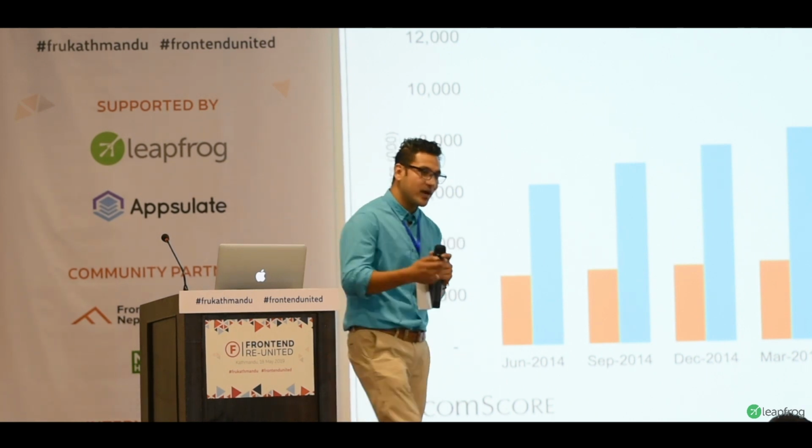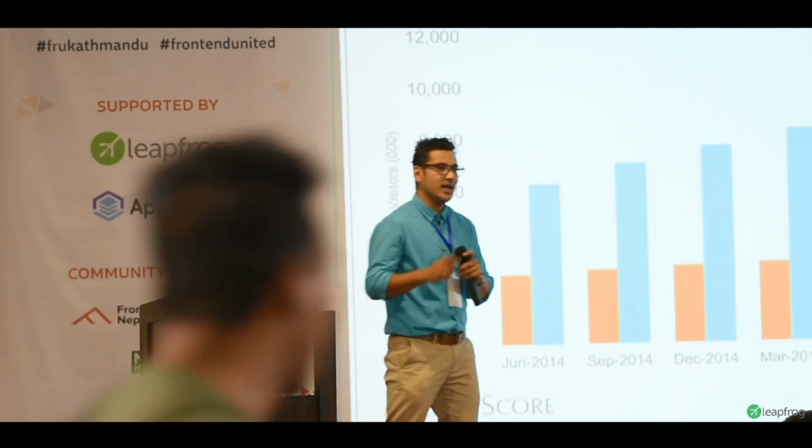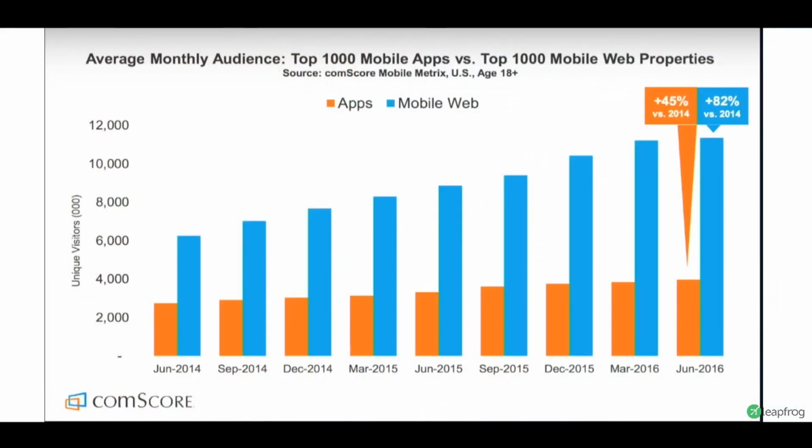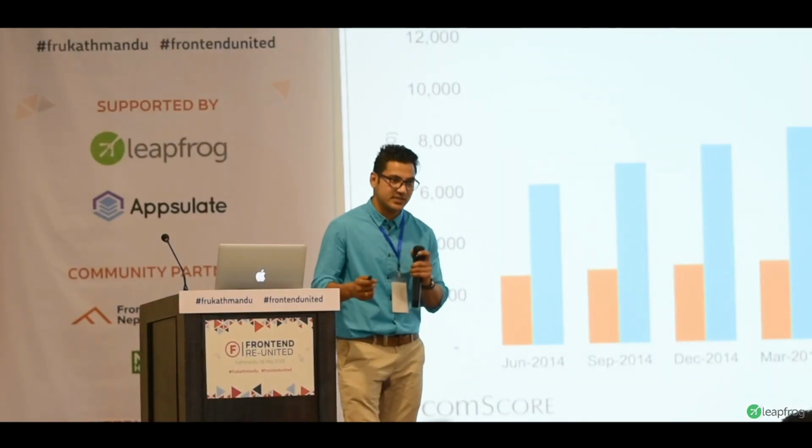Before going to the core part of my talk, I want to show some stats on mobile web versus native applications. You can see a survey conducted among the top 1,000 mobile web properties versus the top 1,000 mobile apps, something like Facebook.com versus the Facebook native app.